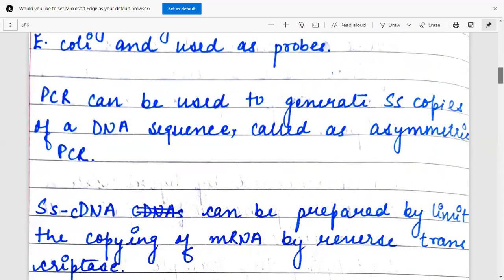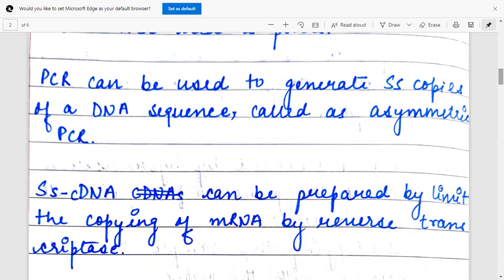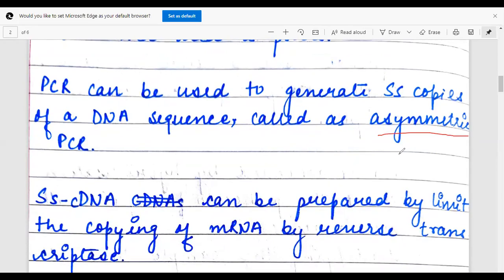PCR can also be used to generate single stranded copies of a DNA sequence, called asymmetric PCR. So what is asymmetric PCR? Normal PCR consists of a forward primer and a reverse primer.